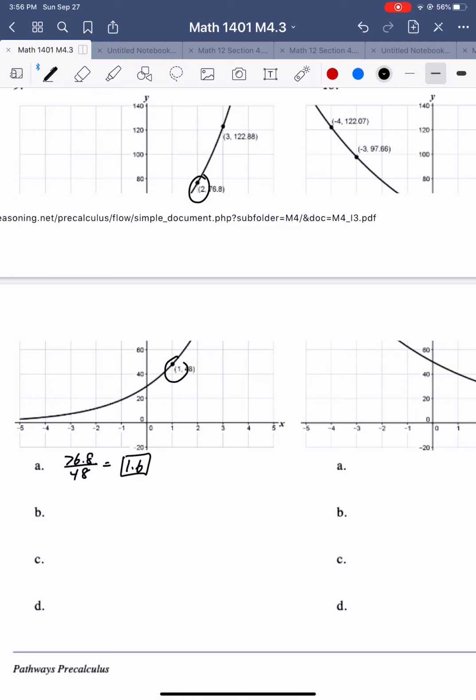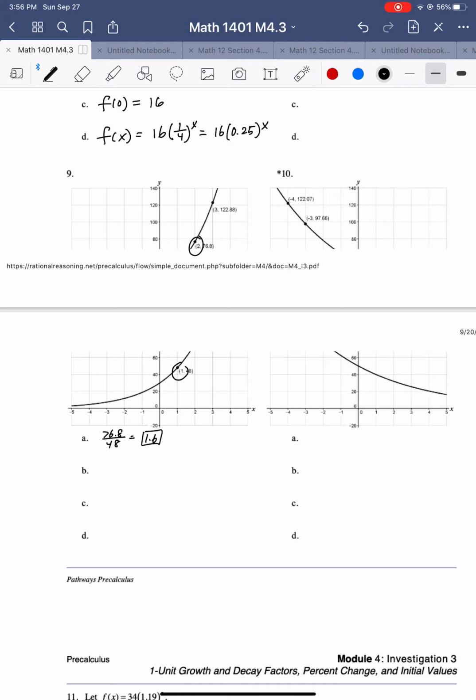And then B is percent change, right? So this is increasing, so change the fraction to percent, so 160%. So 160 subtract 100, it's going to be a 60% increase from the previous. And then f of 0, of course we can kind of find it from the graph, but it looks like half, which could be 30, but I don't want to guess, so I'm going to use the percent increase.